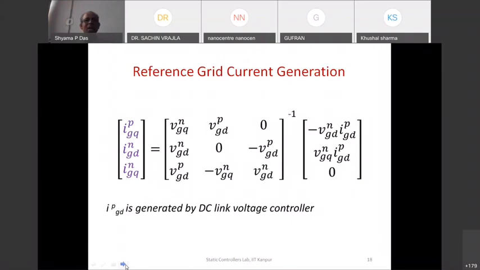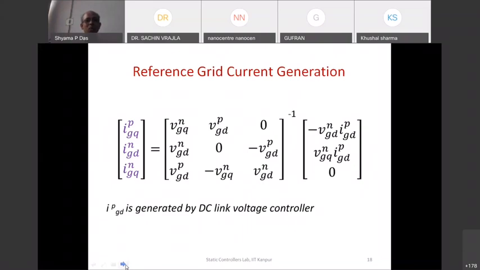If the grid is balanced, there is no negative sequence component, there is no zero sequence component. But if the grid is unbalanced, we have a negative sequence component and a zero sequence component. The zero sequence is ignored because that doesn't take part in total power transfer. And so we have to only concentrate on the positive and the negative sequence component.